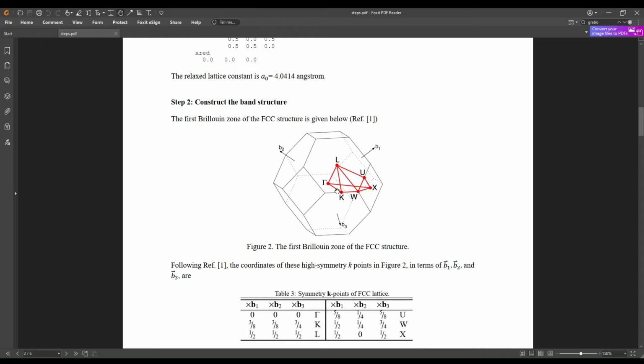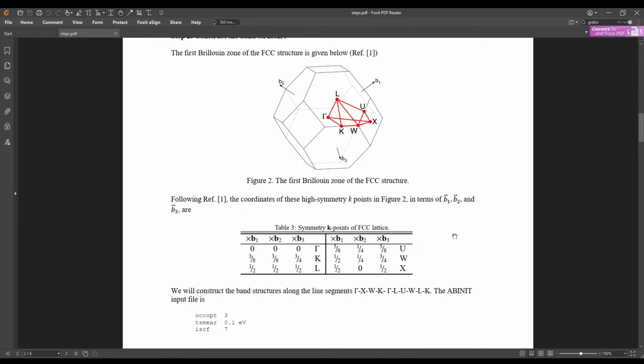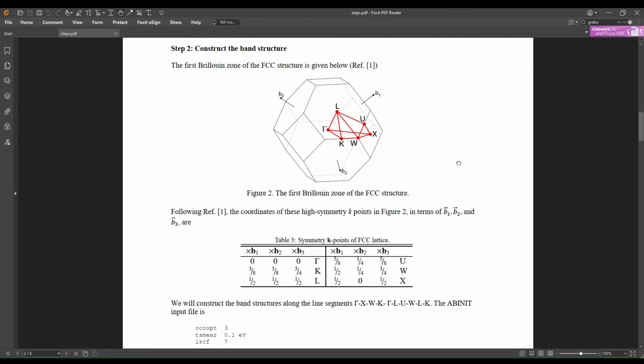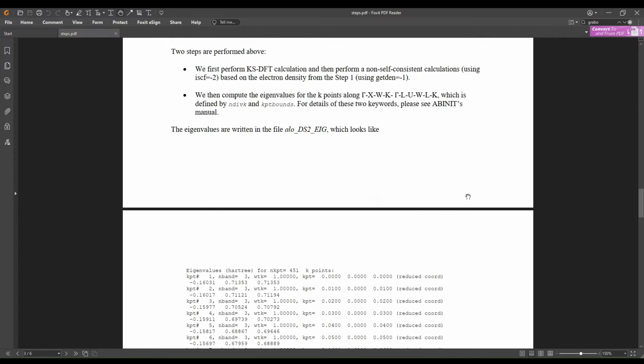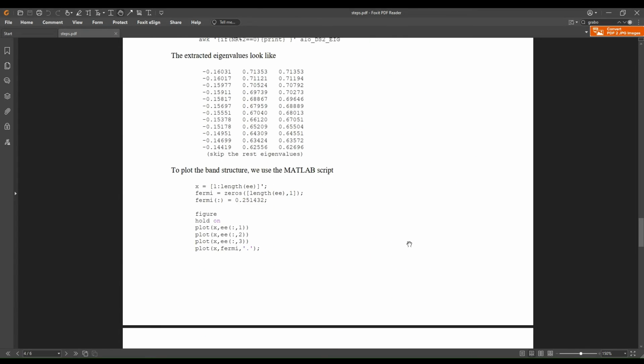They are the gamma point, K point, W point, X point, L point, and the U point. And so we are going to draw the band structure along those red lines. In this table, I also gave you the coordinates for those high symmetry points in the first Brillouin zone. So this picture follows reference 1, which is given at the end of this PDF file.